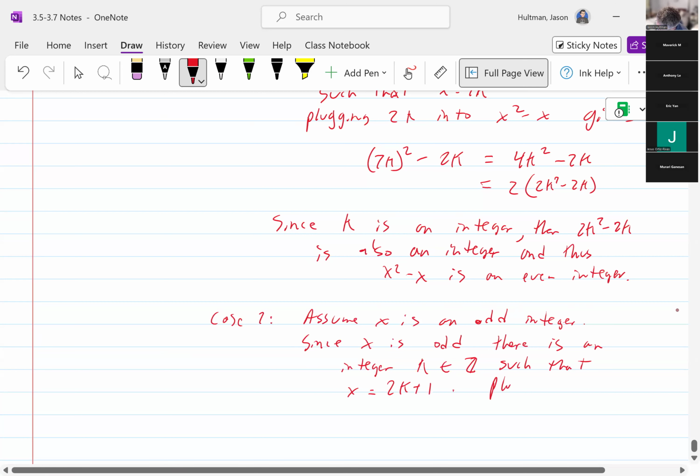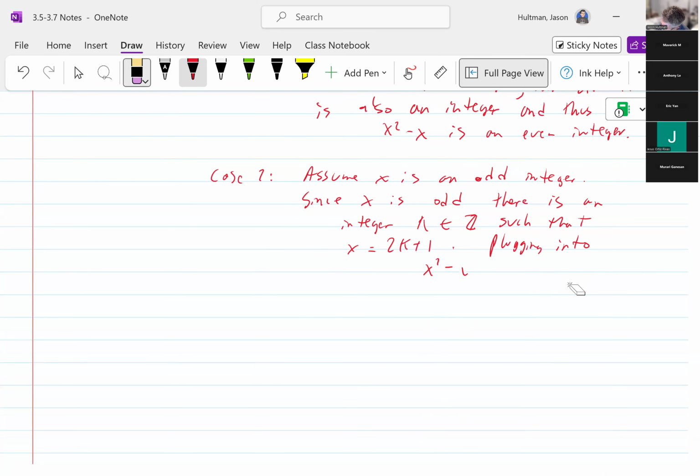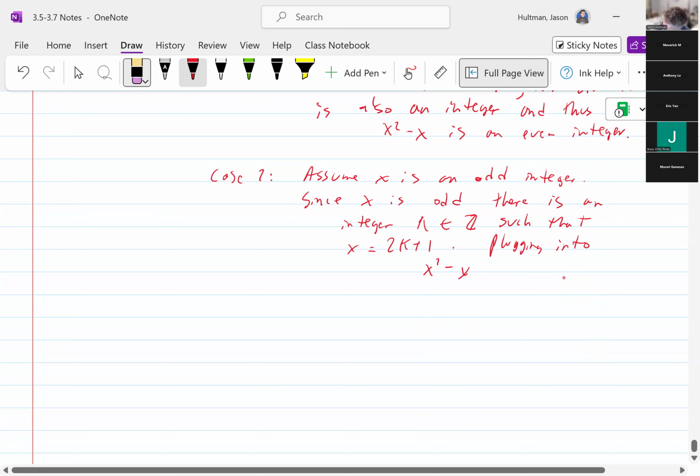Okay, plugging into x squared minus x, it gives (2k plus 1) squared minus (2k plus 1).